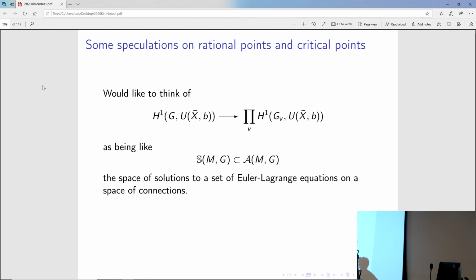That is, images of the localization maps of various sorts on moduli spaces of principal bundles. And I've had this vague analogy between this local to global problem and solving differential equations in differential geometry. That is, in differential geometry, you may be interested in something like spaces of all connections on principal G-bundles over a manifold. So that's what this A is, right?